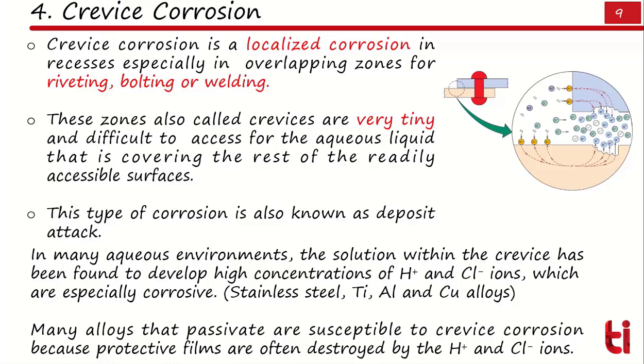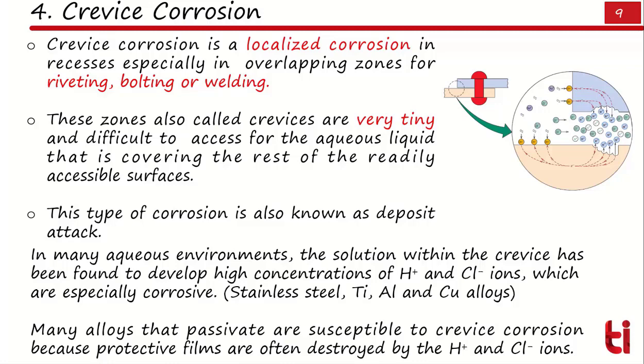These zones, also called crevices, are very tiny and difficult to access for the aqueous liquid that is covering the rest of the readily accessible surface. Since it is a very narrow region, generally access to that region is not available to the user. This type of corrosion is also known as deposit attack because there is a continuous deposit of rust taking place in that crevice region.